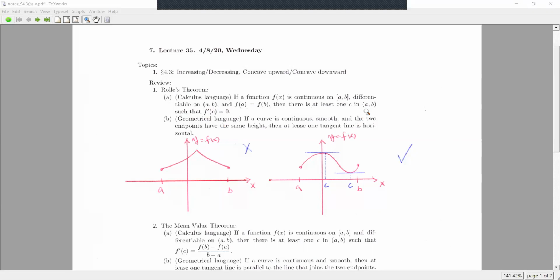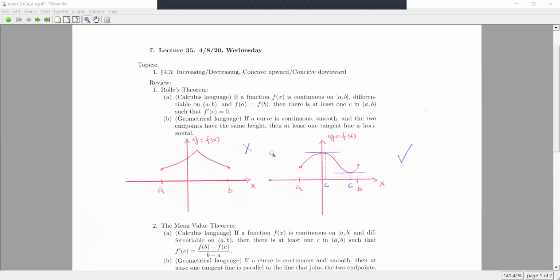Open interval doesn't contain the endpoints, so c is in this open interval. That means that c is greater than a, less than b. C is between a and b.